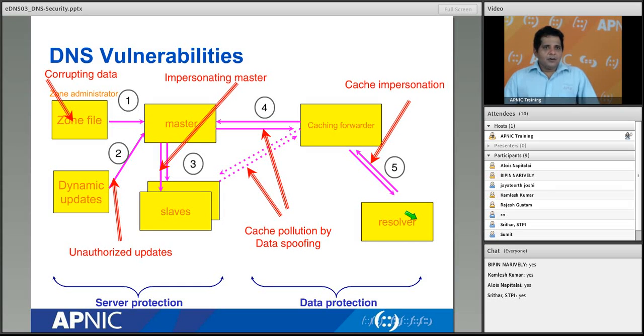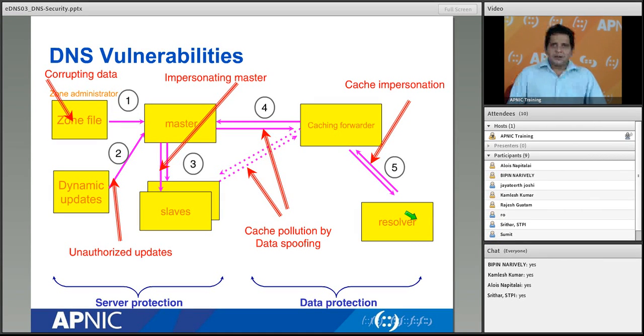Okay. So now, as you can see, there can be various vulnerabilities here. For example, someone can corrupt the data. Someone can write wrong things into our zone files or delete things from our zone files. These are the kinds of things, corrupting data. Or there could be unauthorized updates coming through these dynamic updates. Or even impersonating the master. The secondary might think it's getting its zone file from the correct master, but in actual fact, it may not be.